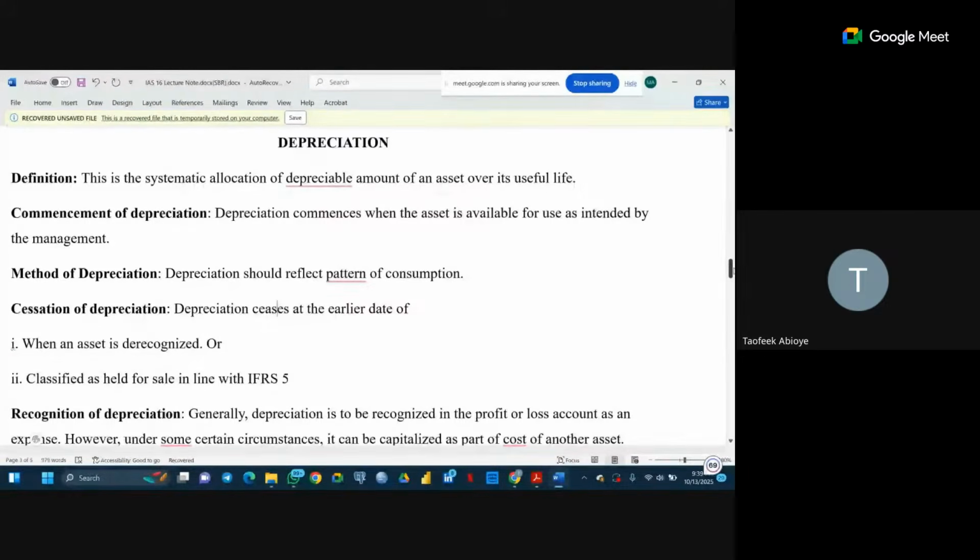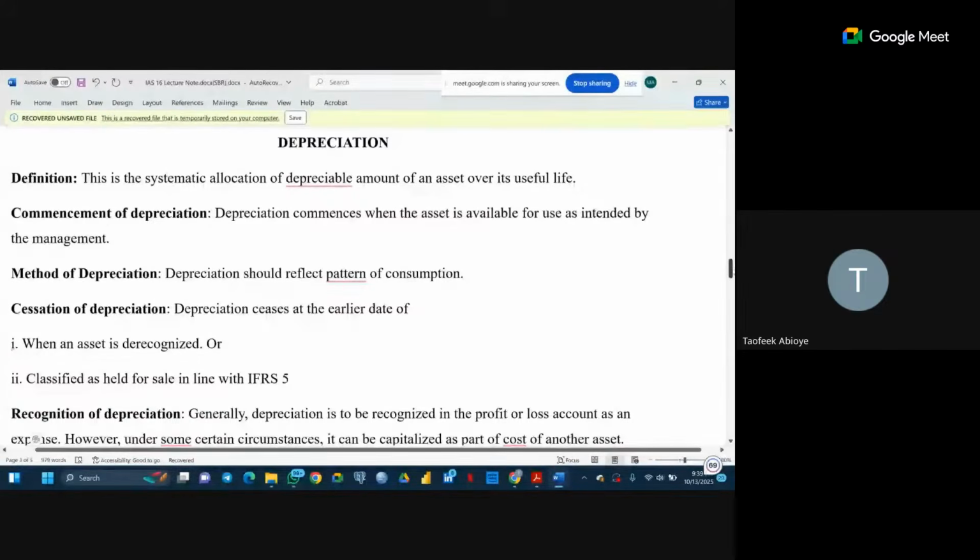So when to cease depreciation is one, when an asset is derecognized, that is when there is no economic benefit on the asset again. And secondly, when an asset is classified as non-current asset held for sale.